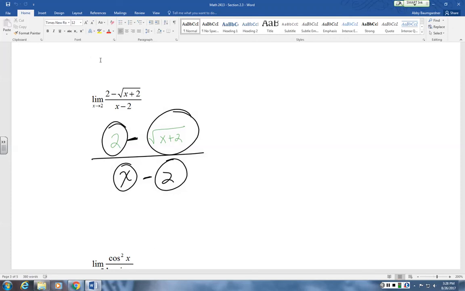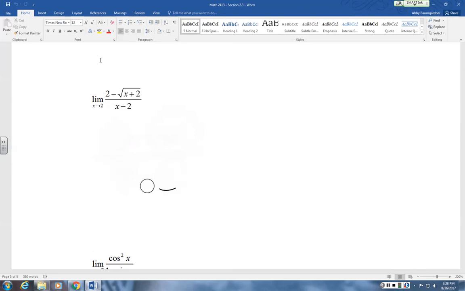All right, so here's how it would work. You say to yourself, I know I can multiply by the number 1. I know I get to choose what my number 1 looks like, so I'm going to be clever. I am going to have my number 1 be the conjugate.